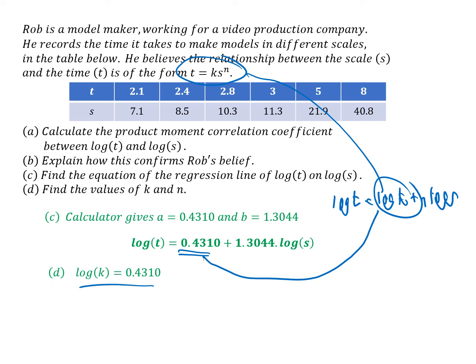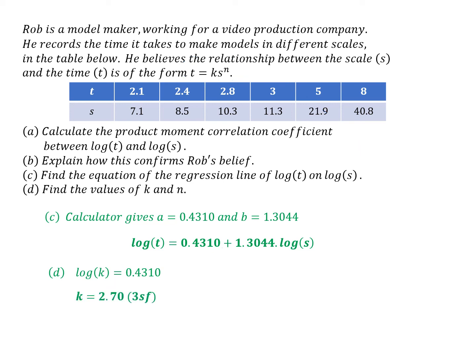So that's what I've written down there. And in a moment, we'll also find that n is equal to 1.3044. But for a moment, if log k is 0.4310, then 10 to the power of that, the k is 2.70 to 3 significant figures. And as I said a moment ago, n is 1.3044 or 1.30 to 3 significant figures.